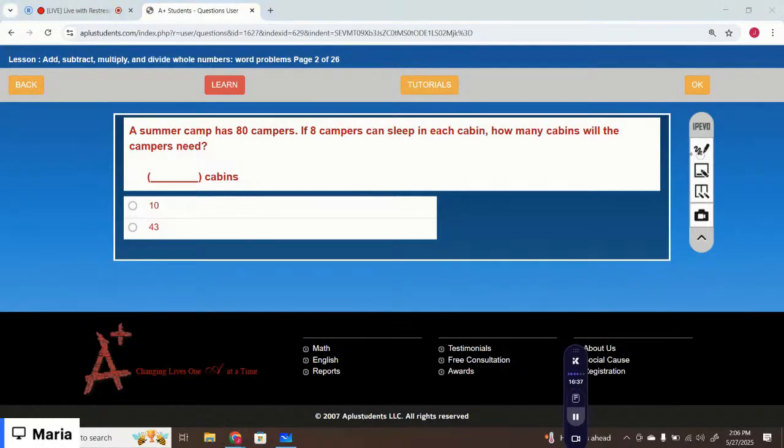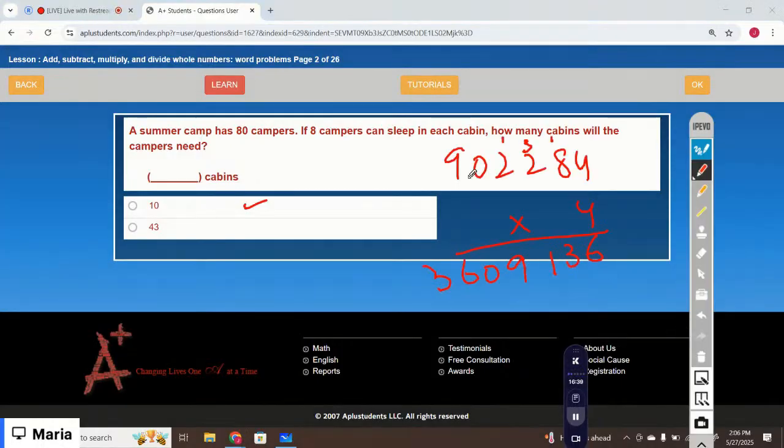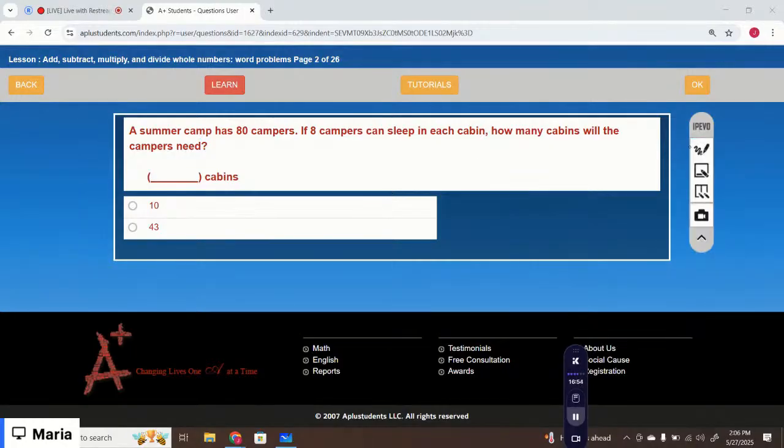We need to divide 80 by 8, right? 8 times 10 is 80. So the correct option is option A. The campers need 10 cabins. The correct option is 10.